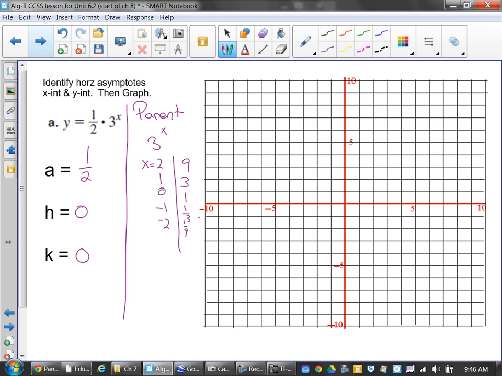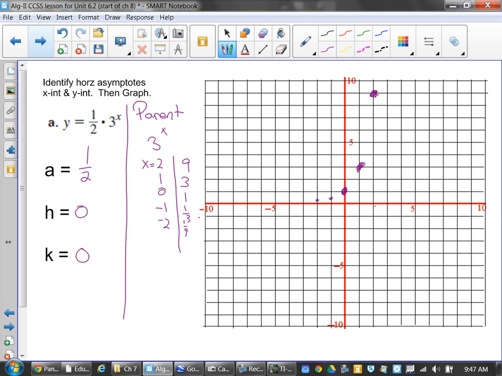You guys agree on that? Yeah. Easy points to plot. So at 2, it's 9. 1, 3. 0, 1. -1 there. I know it gets tough to plot the other ones, but you can get the general idea. Everybody okay with that? Okay.